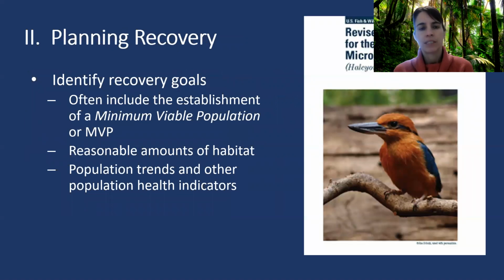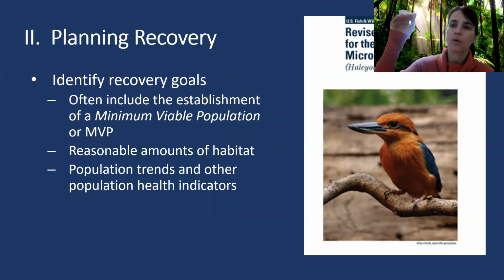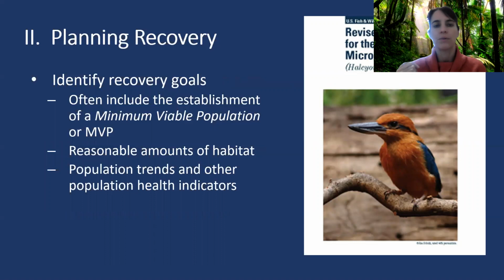So a lot of times with your recovery, since you're using a law to ask for money to protect this species, you have to be able to say what number will we be done at? What's our goal? You can't just say, let's help this species, it's the right thing to do. You need to say, what is the minimum viable population of this species?